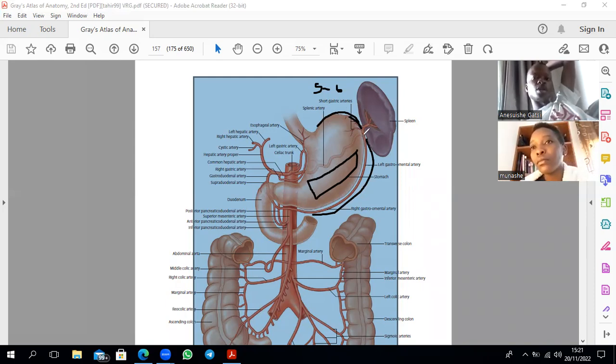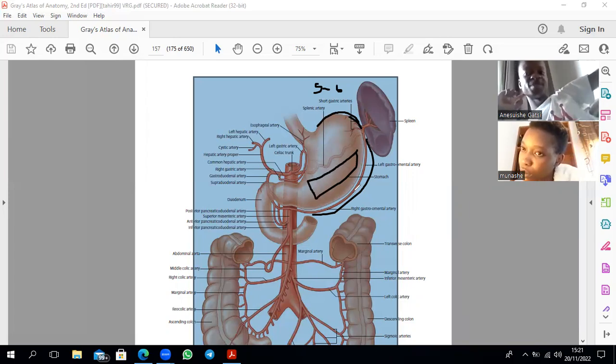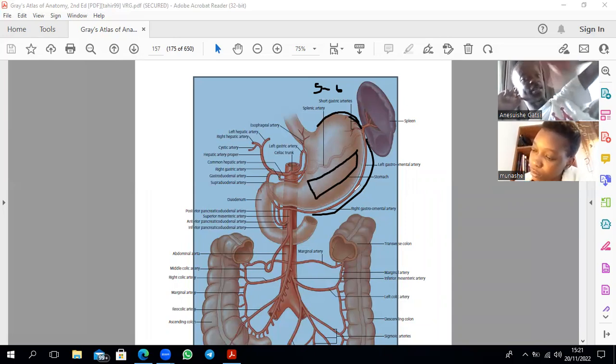Then it also gives you a left gastro-omental, which you can also call left gastroepiploic, for the upper part of the greater curvature. So there are short gastric arteries, then there is left gastro-omental.